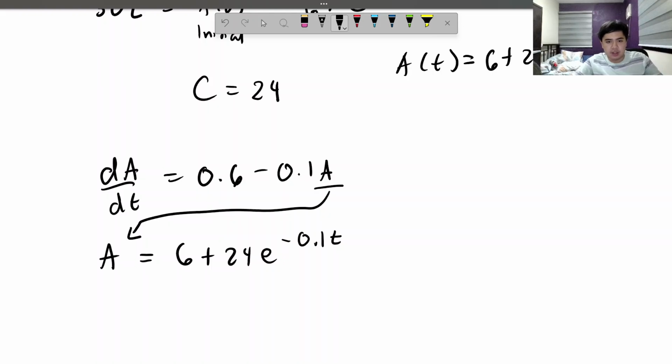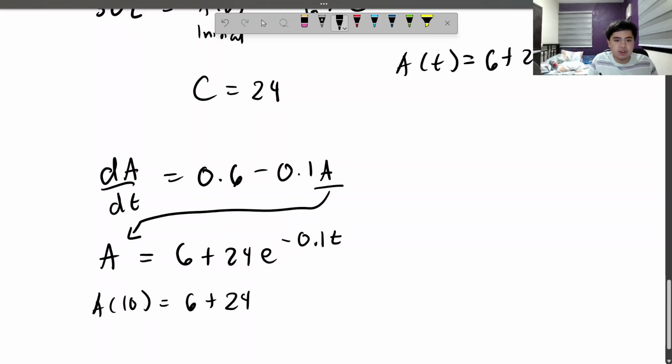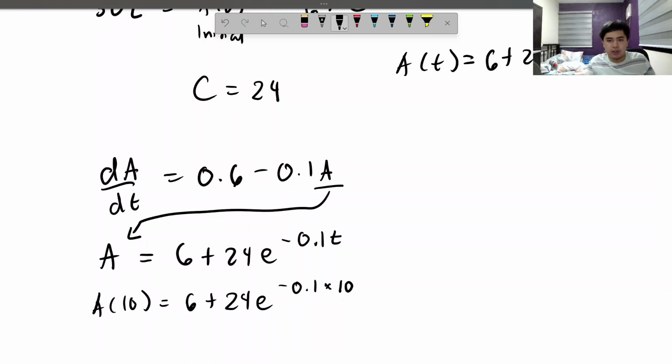So if we look back, we need A of 10, which is 6 plus 24 e to the negative 0.1 times 10. All right. 0.1 and 10 have units together, but we don't really pay attention to those.